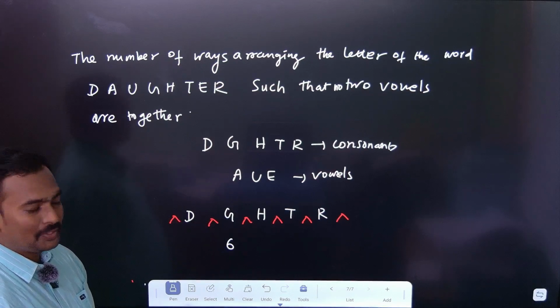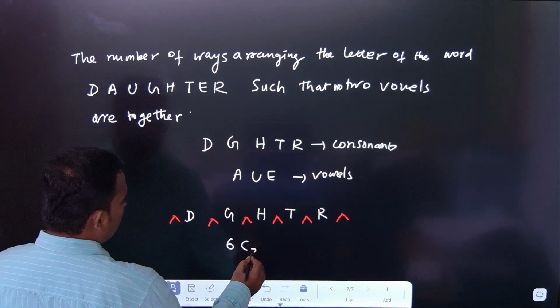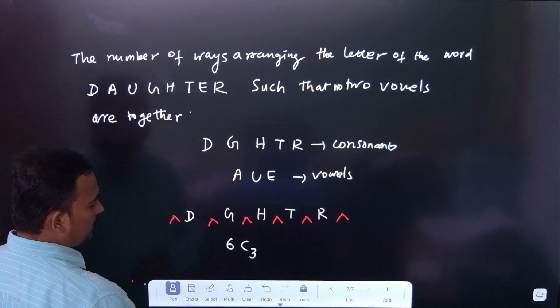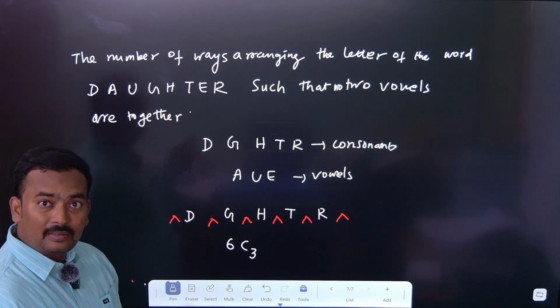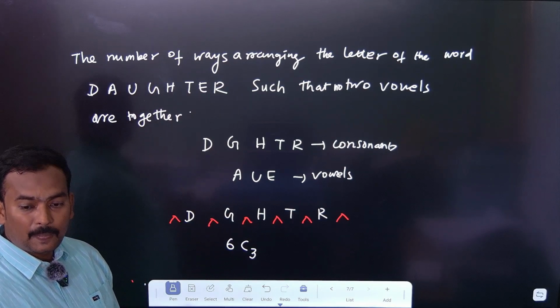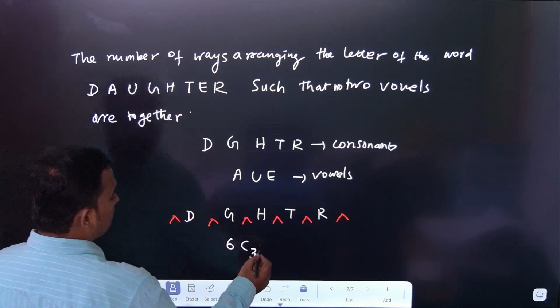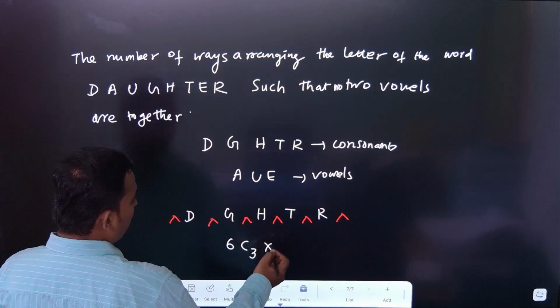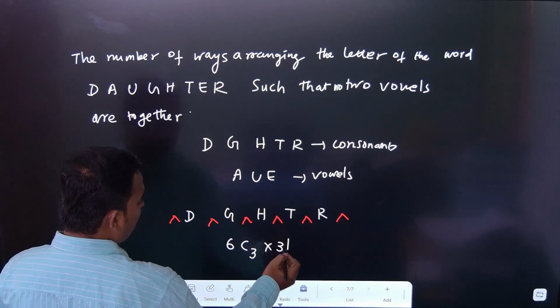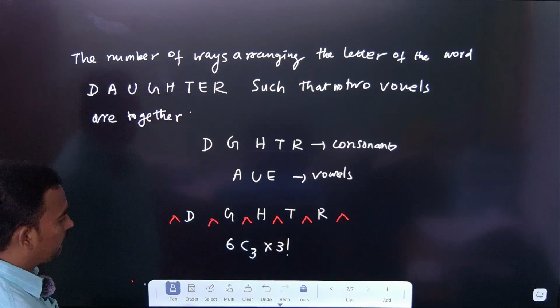And since the 3 vowels are different, you have to arrange them among the gaps. That is 6C3 into 3 factorial ways for the vowels.